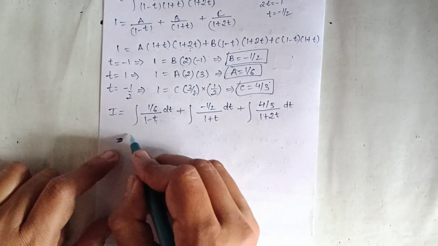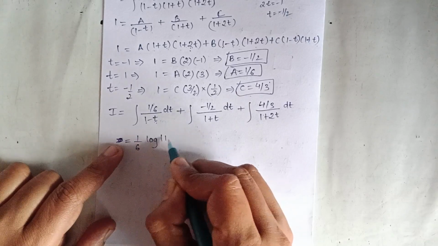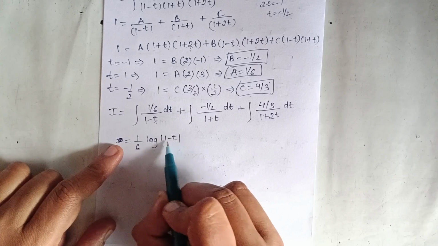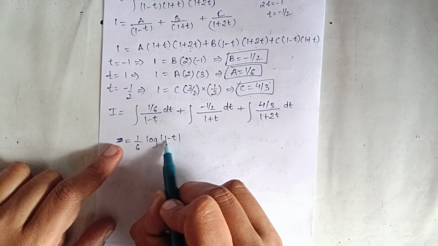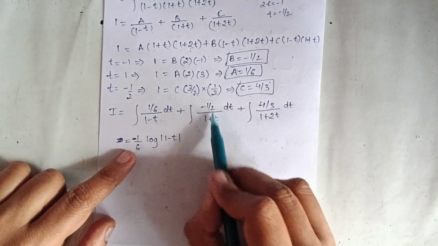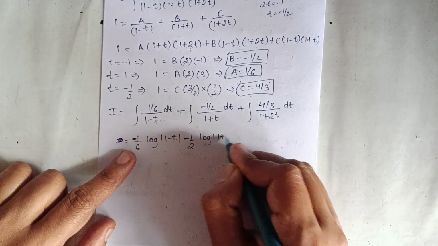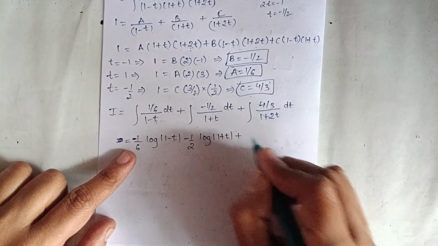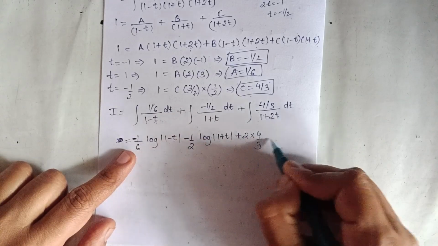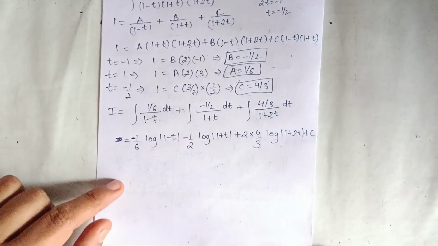You can directly write, right? 1 by 6 log of 1 minus t. Okay. And we are differentiating this, so this will be 0, this will be minus 1. So we'll get here minus. Okay, for this it is minus half log 1 plus t. Here you will get into 2, so 2 times 4 by 3 log 1 plus 2t, plus.